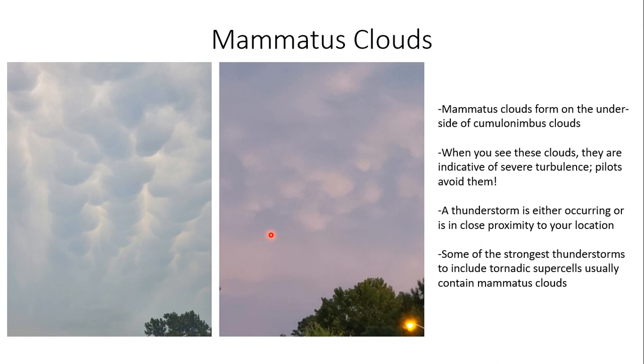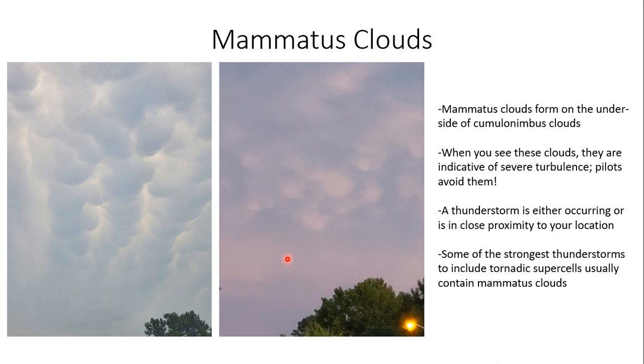So pilots usually avoid these things because they could really be a problem for planes. There's a lot of turbulent motion in the atmosphere whenever you see these. These form on the underside of tall cumulonimbus clouds. Whenever you see these, you should be thinking to yourself, there's a thunderstorm either occurring or it's going to be nearby.